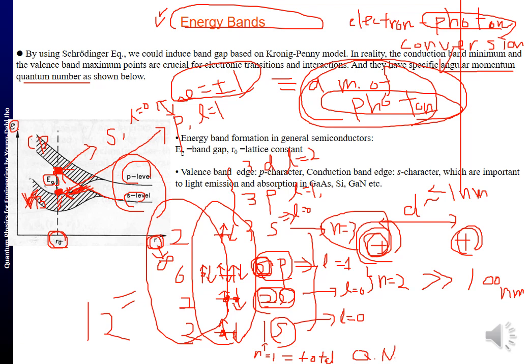Electrons could be replaced by photons. Then we can say conversion. Okay. Or we can also say electron-photon coupling. Okay. Those concepts can be described based on this intuitive picture. Okay. Those are actually important research topics. Okay.